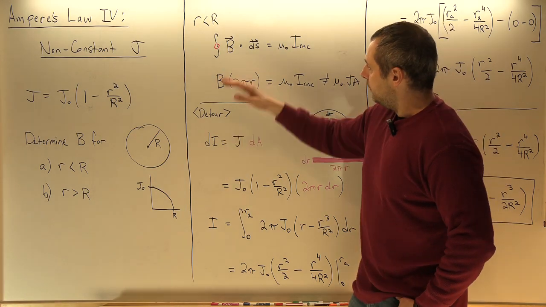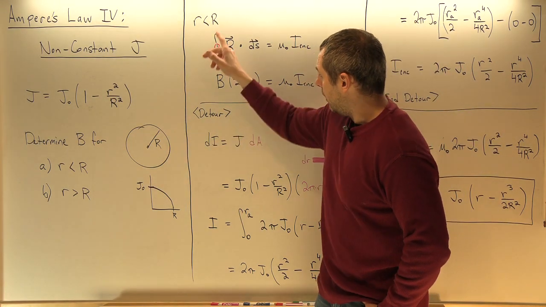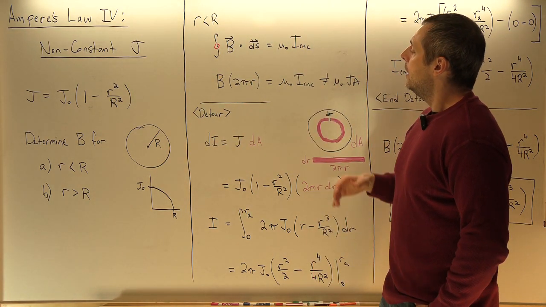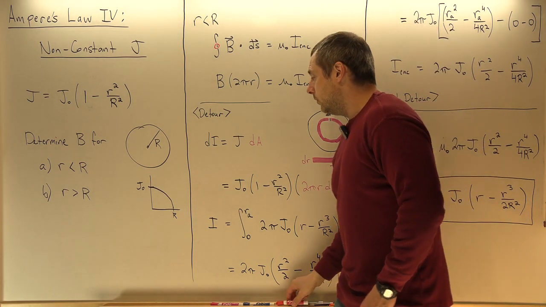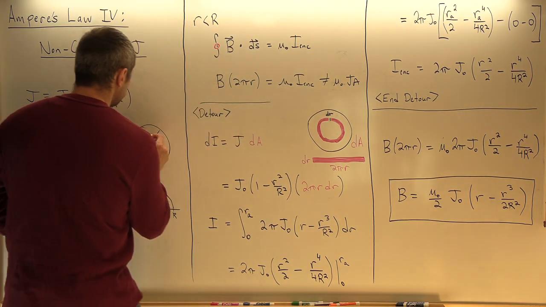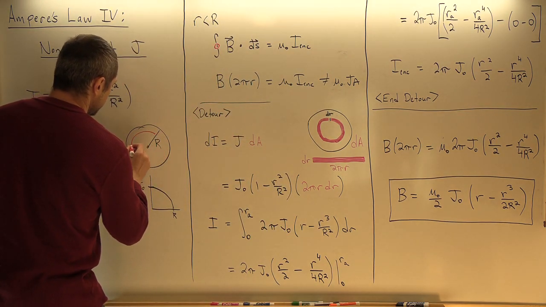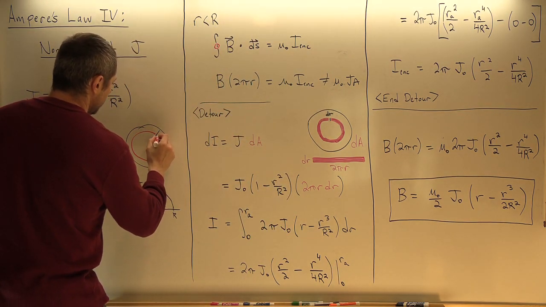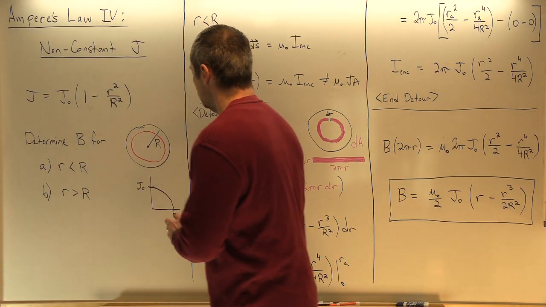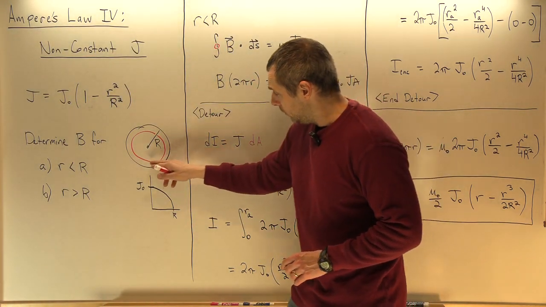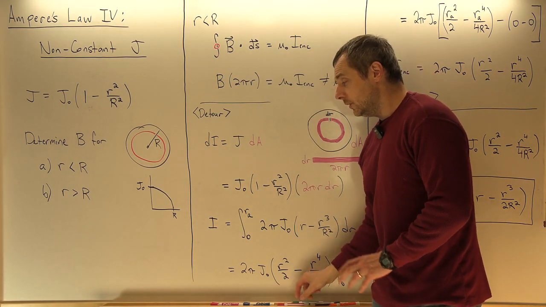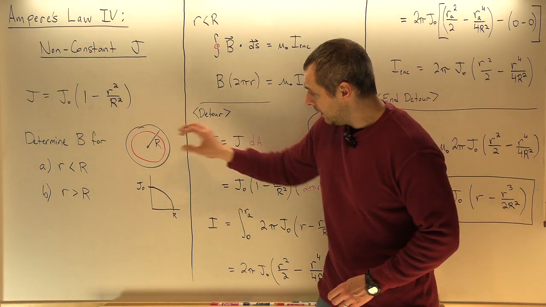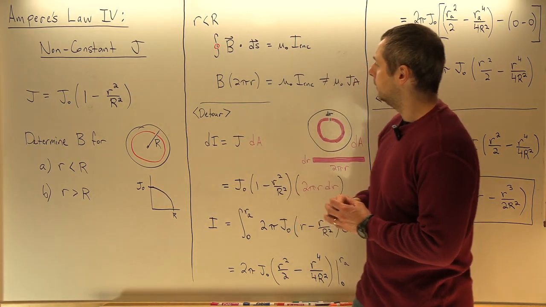As I said, we begin inside the conductor for r less than capital R. We begin with Ampere's law. Of course, the loop is going to be some circle less than the radius of the conductor, because we want to find the magnetic field along this Amperian loop. That is the loop we're using, a circle, matching the symmetry of our conductor.